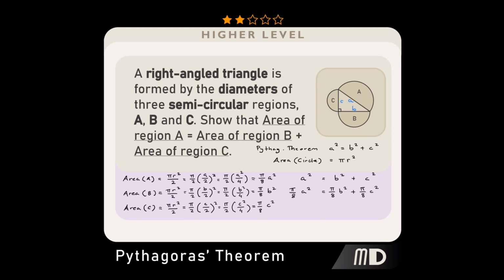Each term of this equation has the coefficient pi divided by 8.